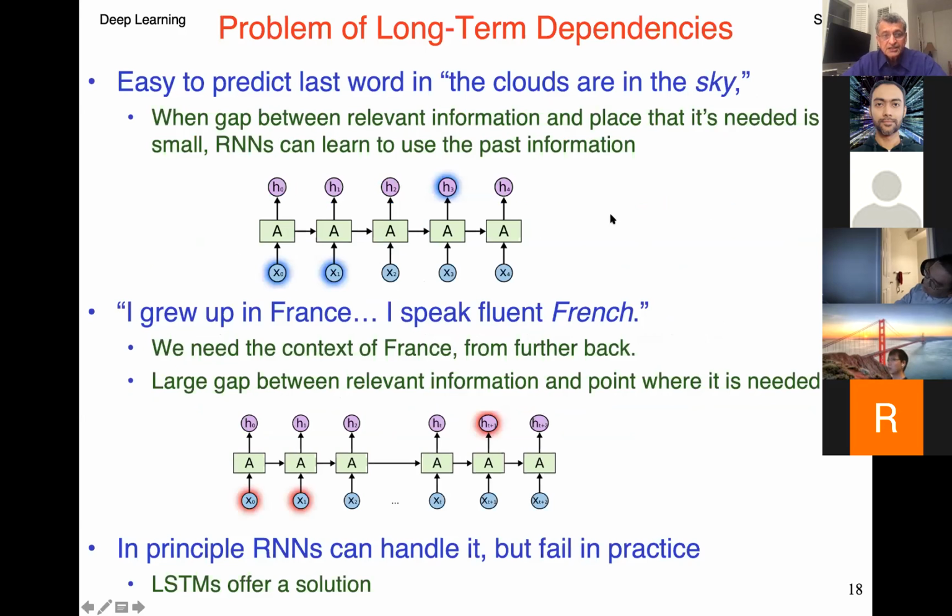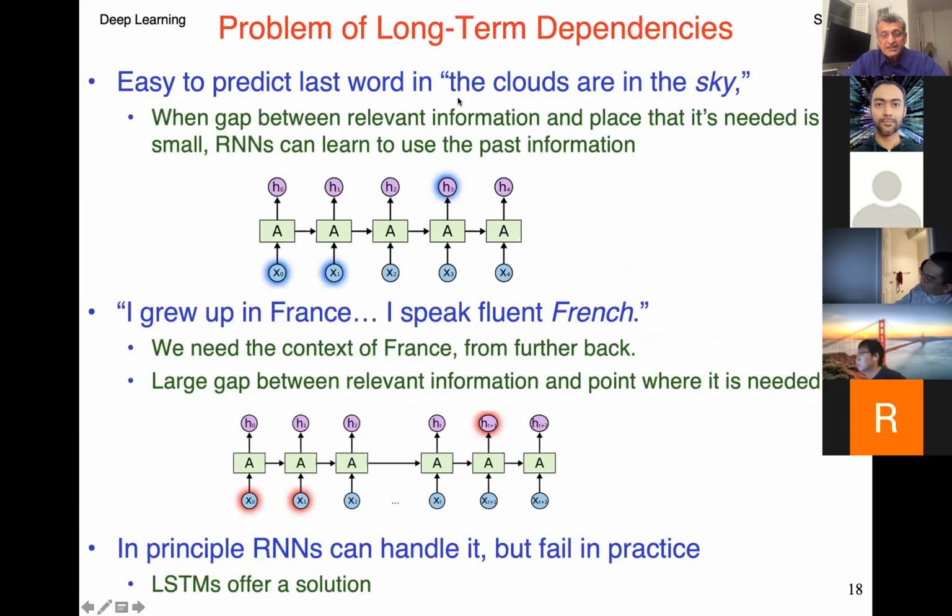So this is again the issue that leads to more complex models that are being widely used today, and which is called the problem of long-term sequences. So let's say we have a sequence, it says the clouds are in the sky.